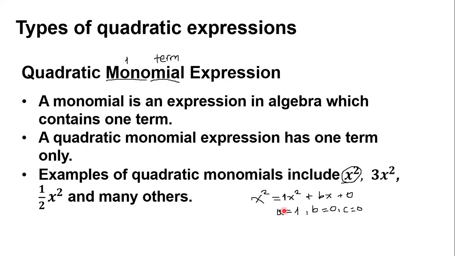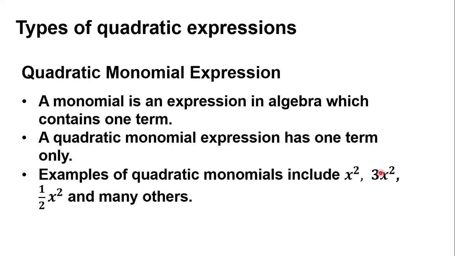Alright, so if you multiply 1 by x squared, it is x squared. 0 multiplied by x is 0. x squared plus 0 plus 0 is x squared. So you end up having just x squared. Therefore, this is a complete quadratic expression. And so are the rest of them.